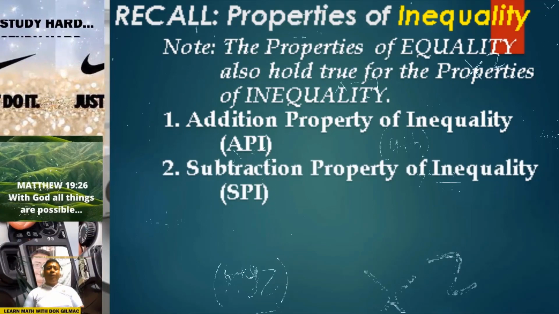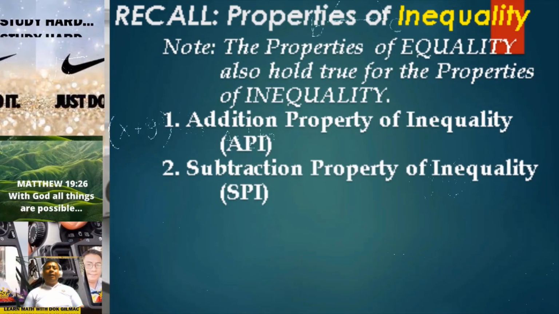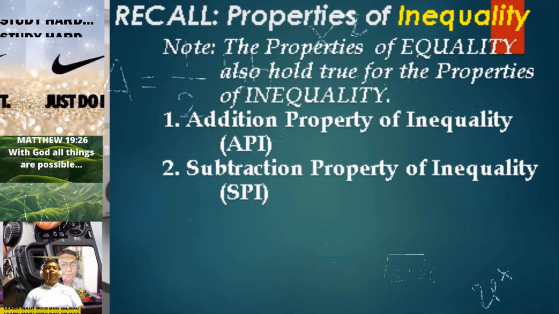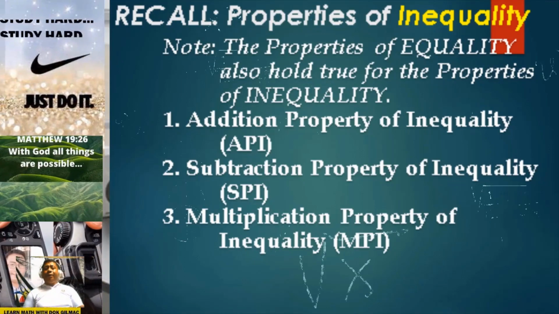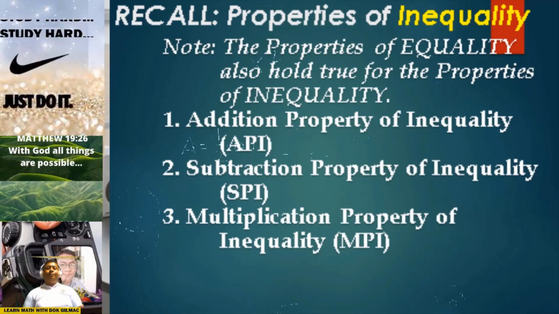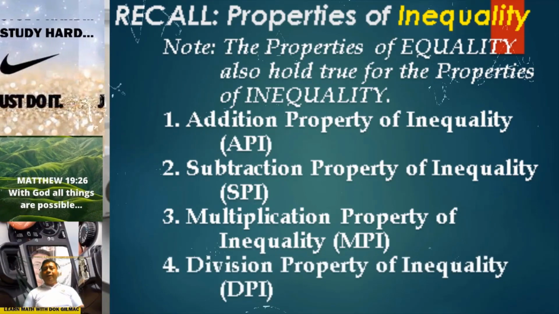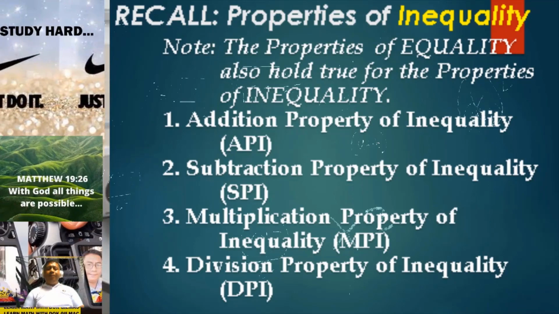Number 2, subtraction property of inequality, or SPI. Number 3, multiplication property of inequality, or MPI. Number 4, division property of inequality, or DPI.